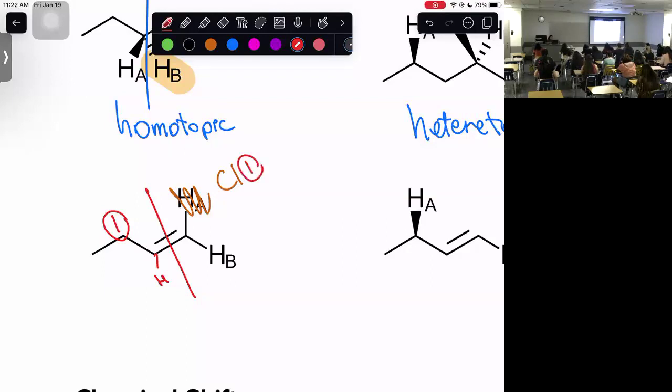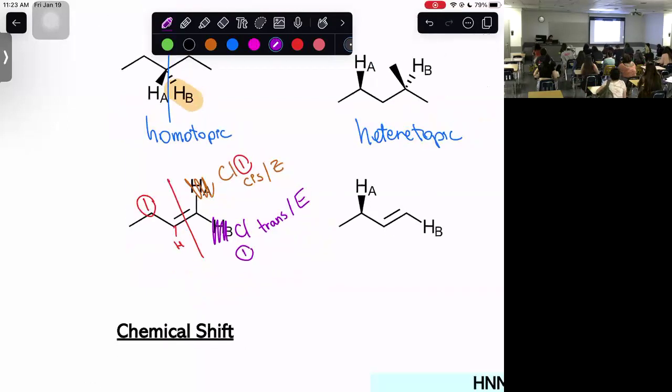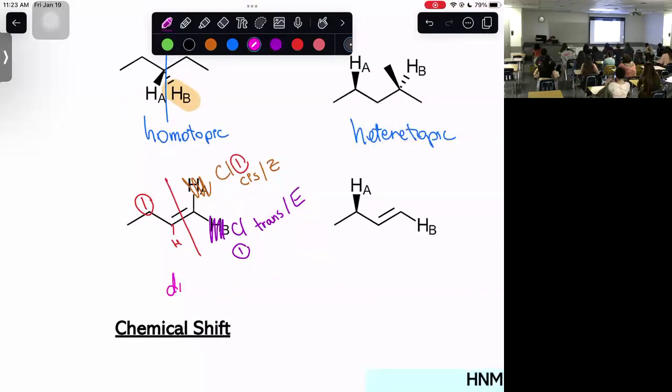The 2 number ones are pointed to the same side, so this is cis or Z. Now I repeat the same process with the chlorine at the bottom and I bring back HA. This time my number 1 is pointing down. They're pointing to opposite sides, so I'm creating the trans or E isomer. Whenever you create both isomers at the same time, this is going to be diastereotopic.